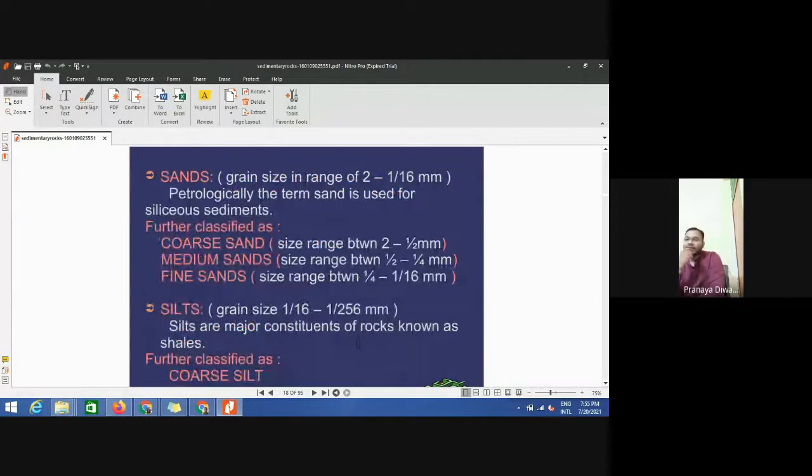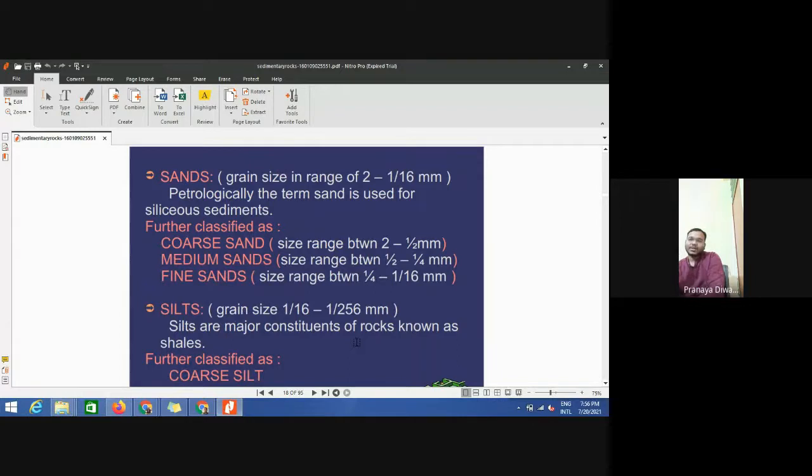Then you have sand. Grain size from 2 mm to 1/16 mm, that is, from 63 microns to 2 mm, is your sand size.